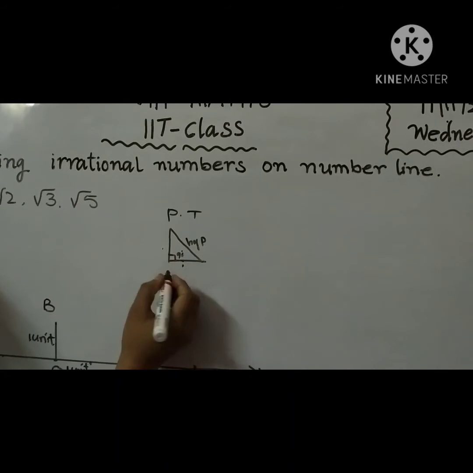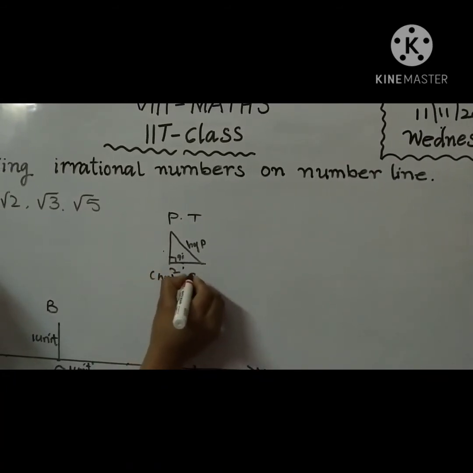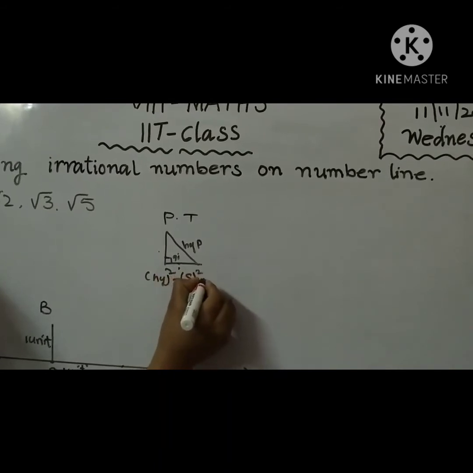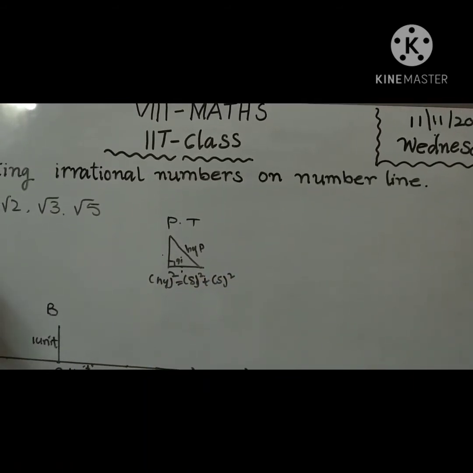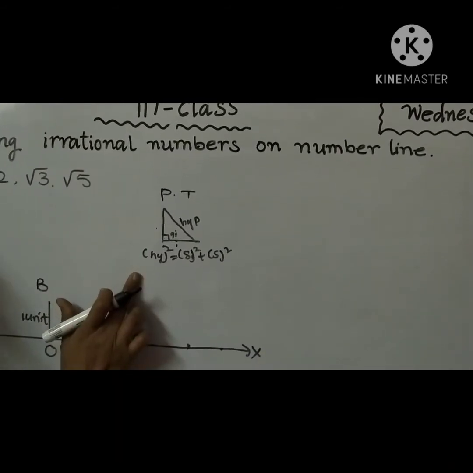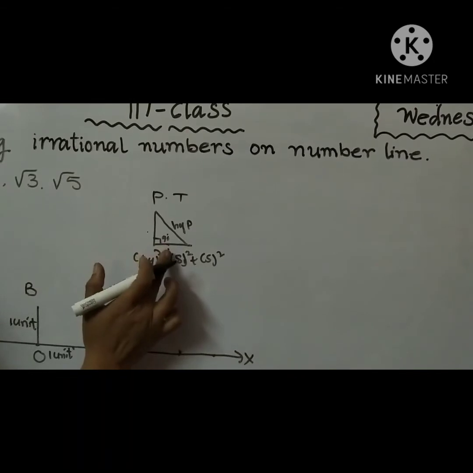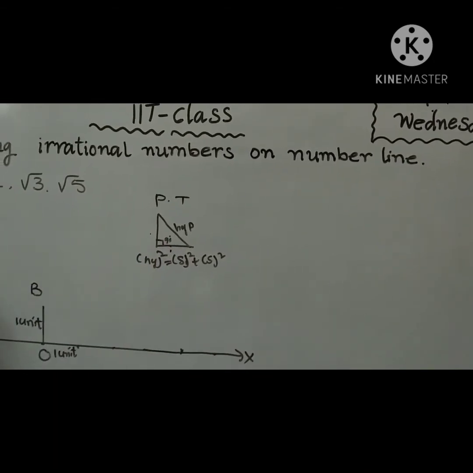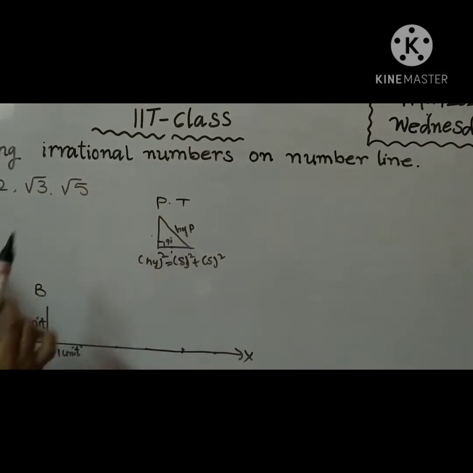The Pythagoras theorem formula is hypotenuse square equals side square plus side square, adjacent side and opposite side. Did you understand, children? This is the hypotenuse.